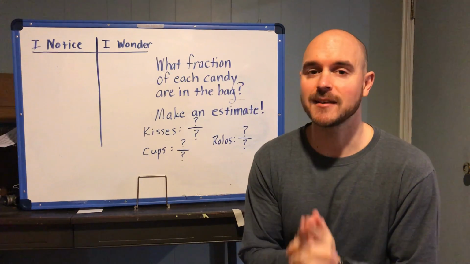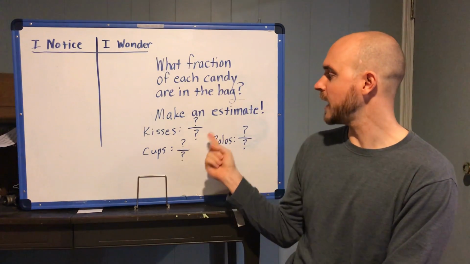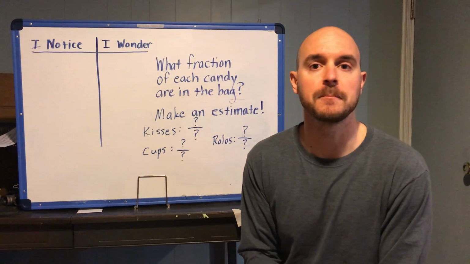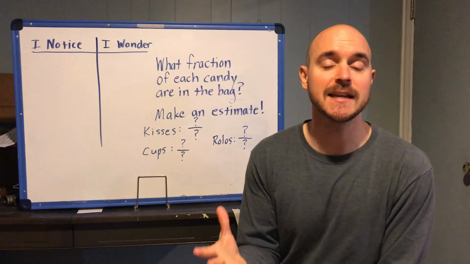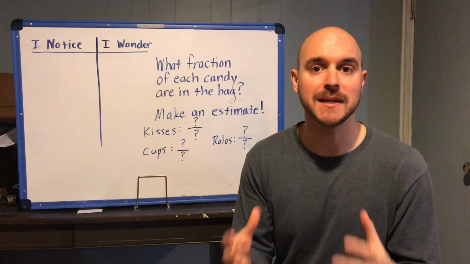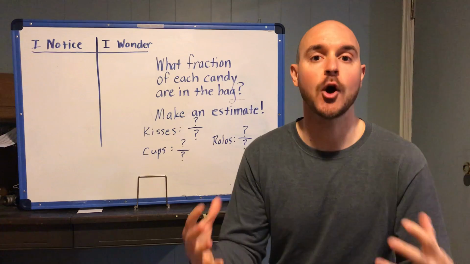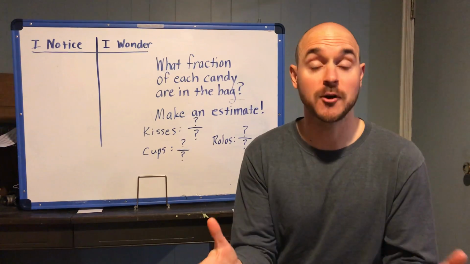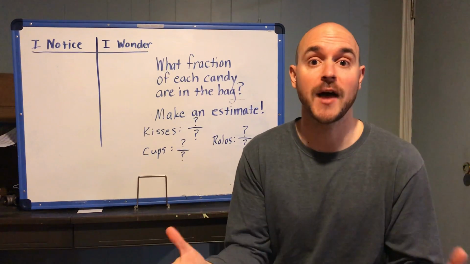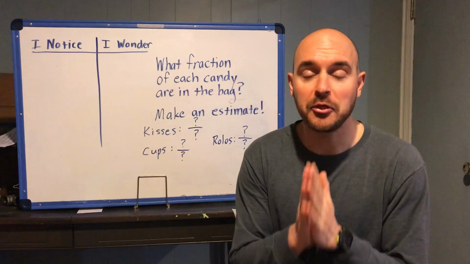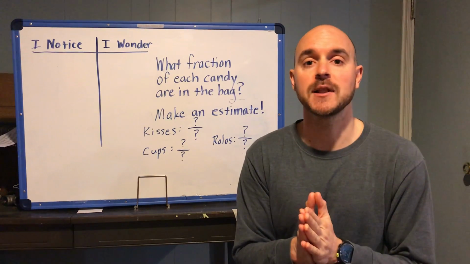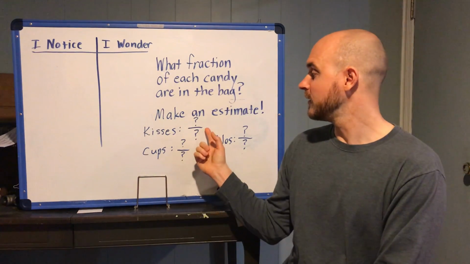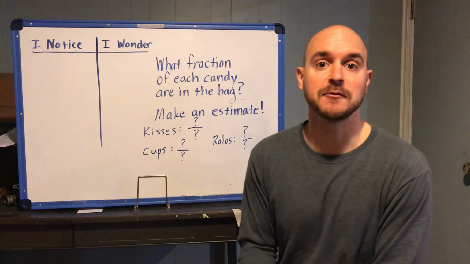Now what you need to think about is if we're going to make an estimate in fraction form, we still need to know how many pieces of candy there are in total in the bag. That's going to be an estimate. We don't know that information. So think about how that's going to play a role in creating these estimates in fraction form.